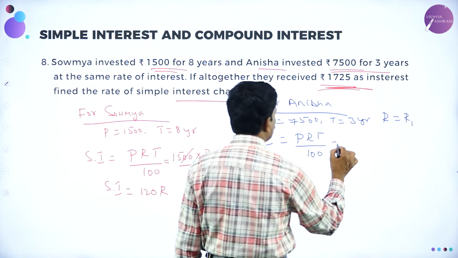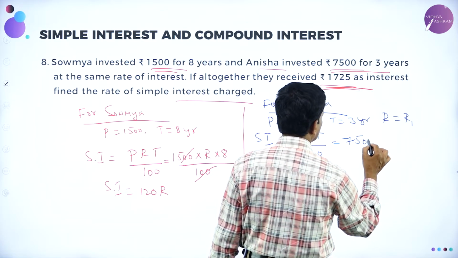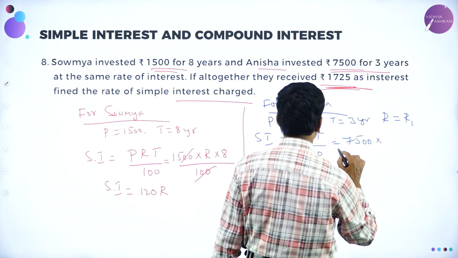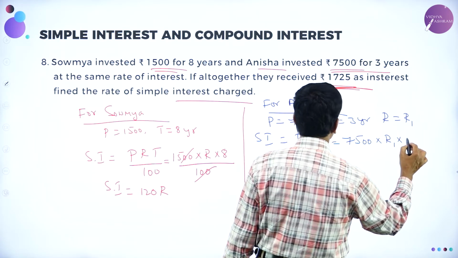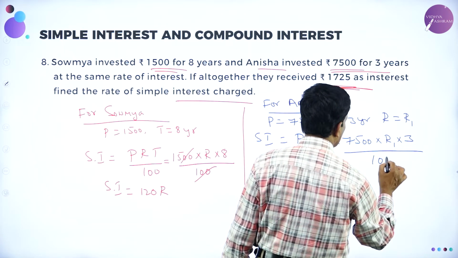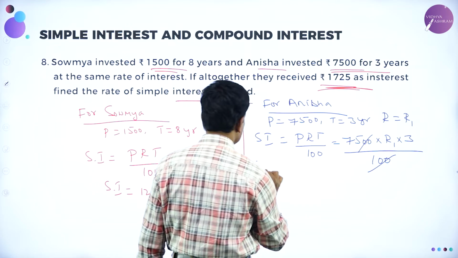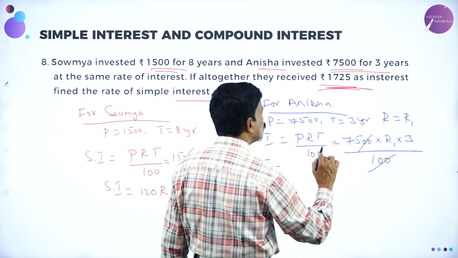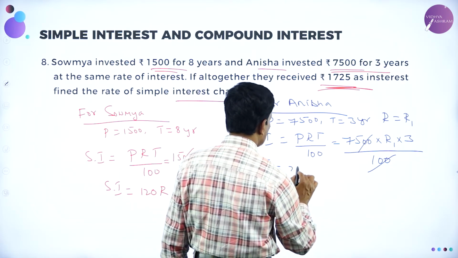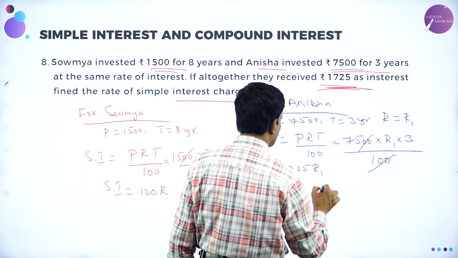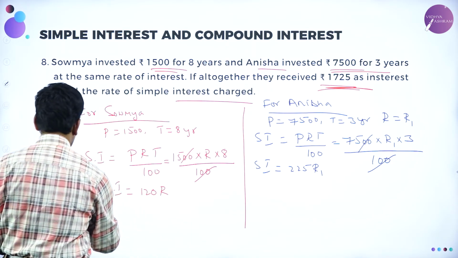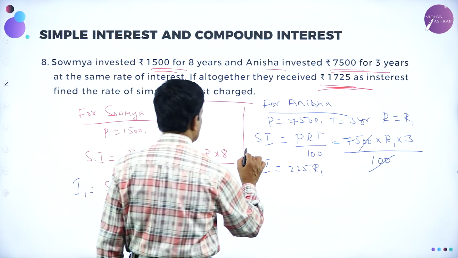So this is equal to principal 7,500 into R1 into time period 3 divided by 100. 0 and 0 get cancelled. The simple interest is equal to 75 into 3, which is 225 times R1. Now, let us call this I1 and this I2.